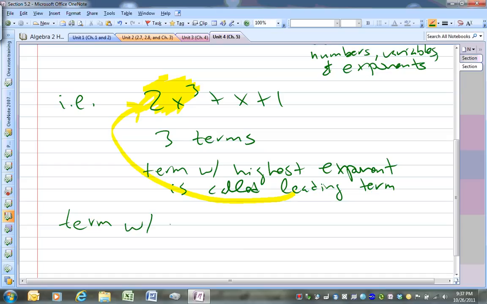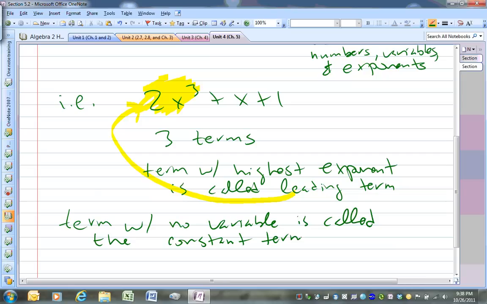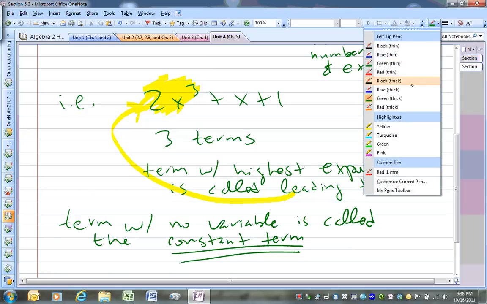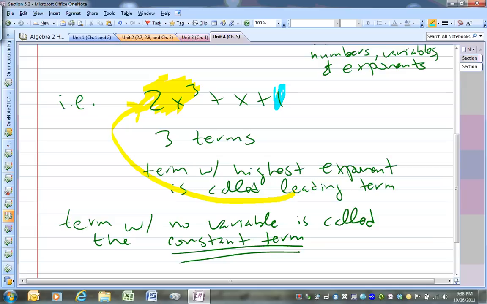The term with no variable is called the constant term. Constant means never changes. Variable means it could change, it could vary because you could plug in different values for x. But in this case, that's my constant term.